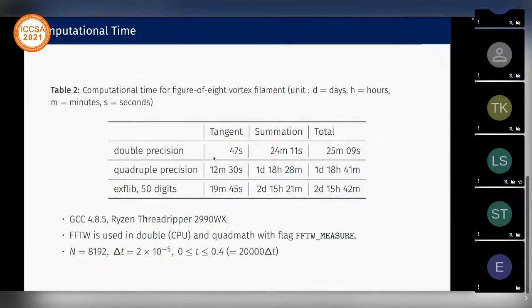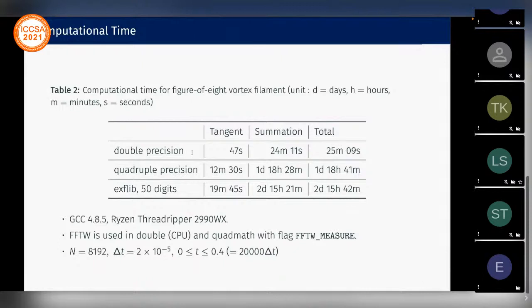Finally is the computational time. If we use the multiple precision package from the ECF library, under our CPU we need 2 days to finish the whole computation of the 8,000 points, with delta t of 2 times 10 to the negative 5 for 20,000 time steps. Under double precision, we use less than 30 minutes to finish the computation.